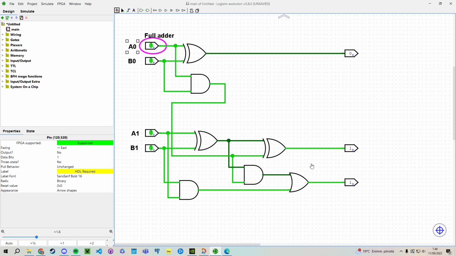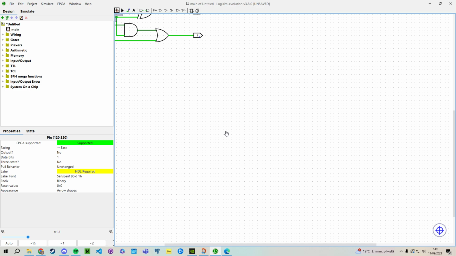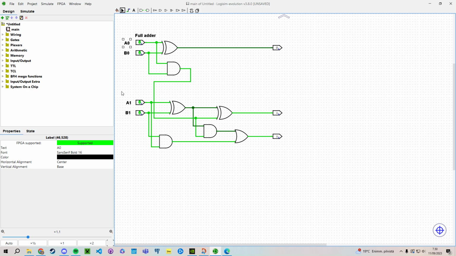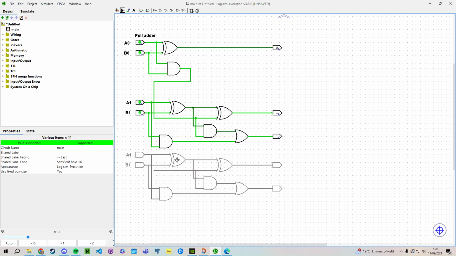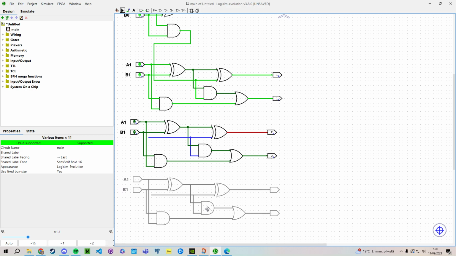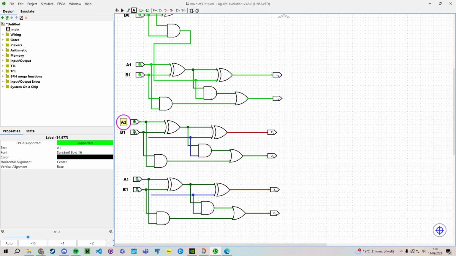And as we needed to do a 4-bit full adder, we need to extend this a little bit. Let's change these up a bit. I mean 3, 3.